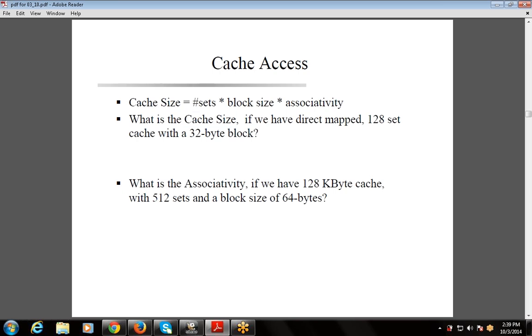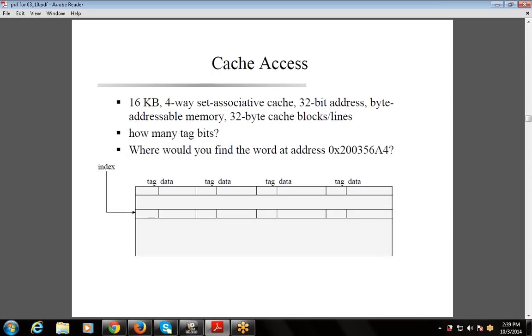Then, what is the cache size? If we have a direct mapped cache with a 32-bit block. And what is the associativity? If we have a 128 KB cache with 512 sets and a block size of 64 bytes.